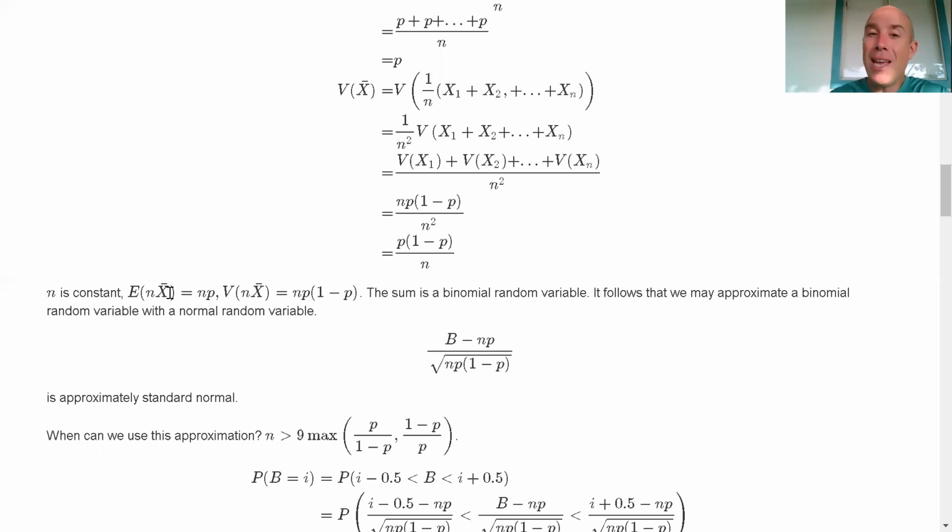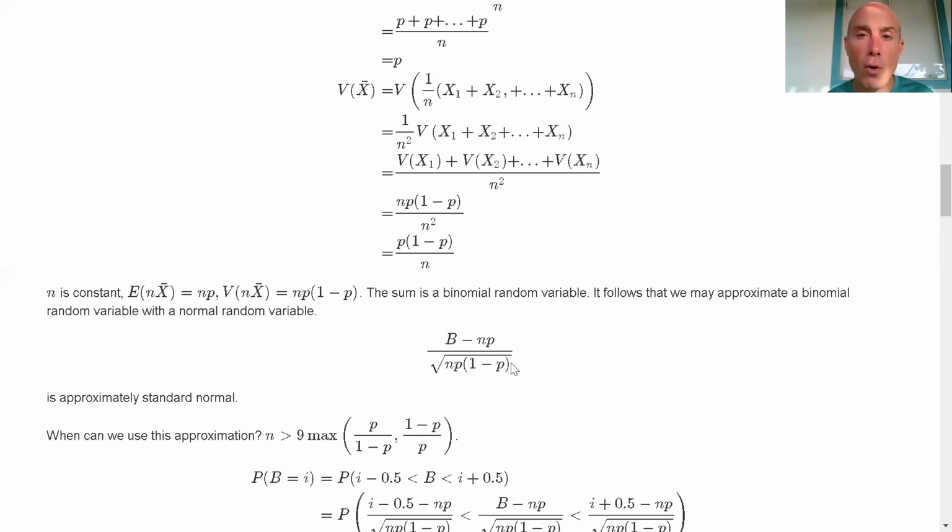To get to that distribution with the normal distribution, I have to take an average, and then multiply by a constant, which I can do when dealing with normal. So now I'm going to approximate the binomial random variable minus its expected value, divided by its standard deviation, and that's going to be approximately normal.